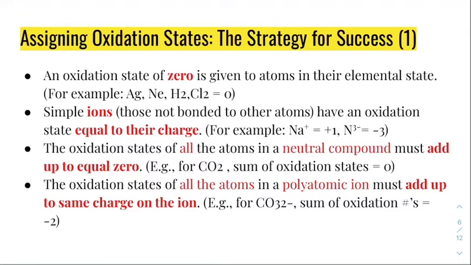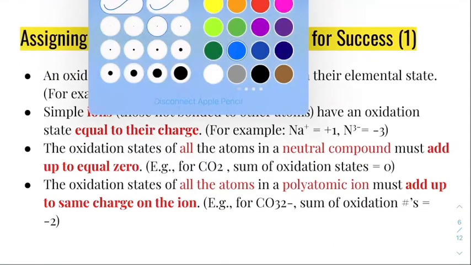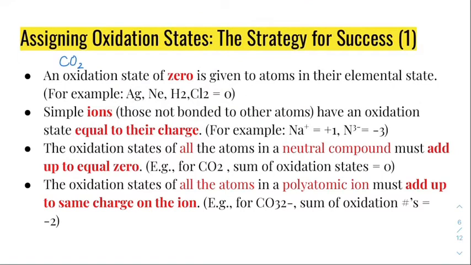So for example, if I have CO2, it means that the oxidation state of carbon, one of that, plus 2 times the oxidation state of oxygen will equal 0. Remember that we have 2 oxygens in CO2, therefore we have to multiply the oxidation state by 2.